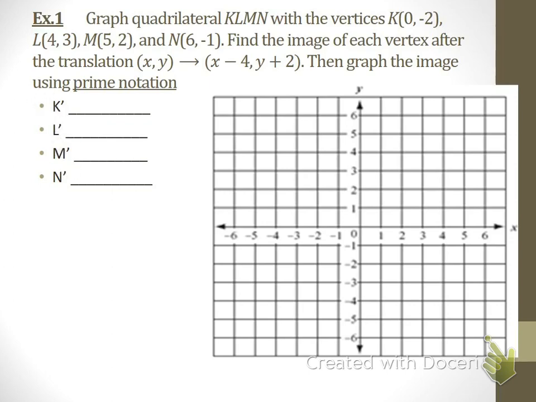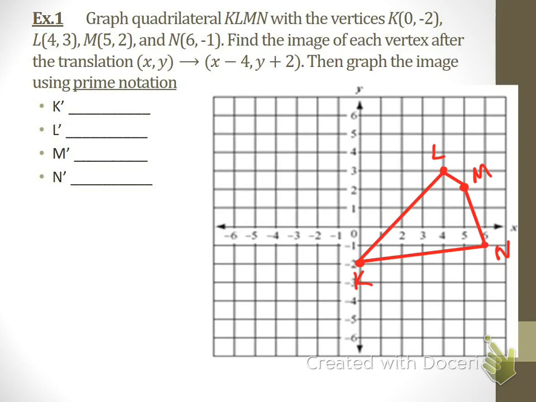Same thing with L prime, M prime, and N prime. I'll give you a moment to do this. I think we did this yesterday. You're probably familiar with it. Plot your original figure, or the pre-image. Then do the translation that they give you. Plot your new image with the prime notation. And of course, your figures should be congruent.